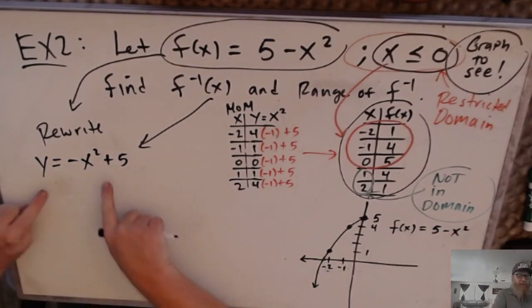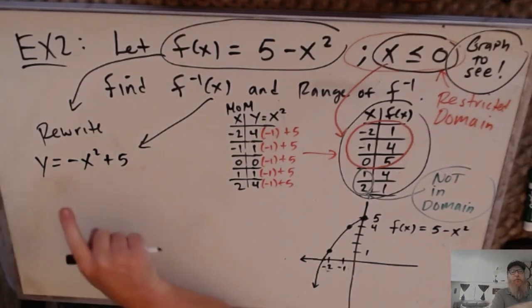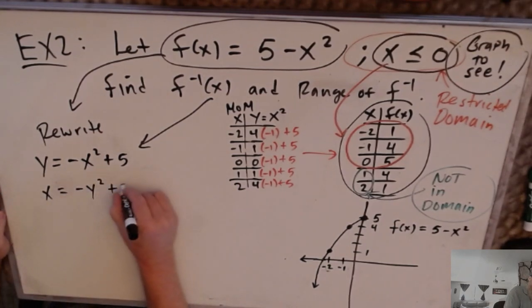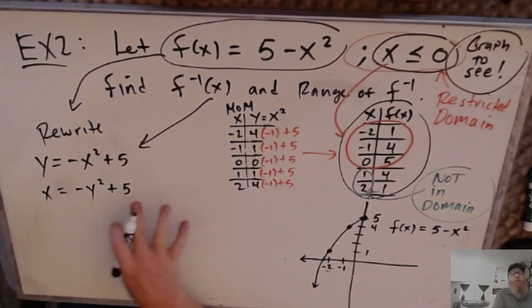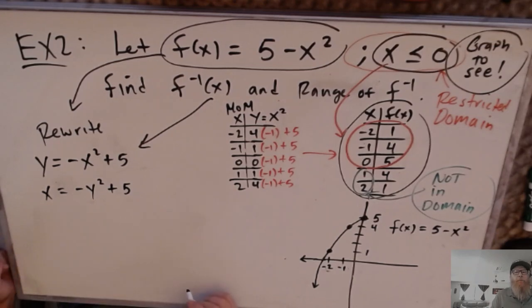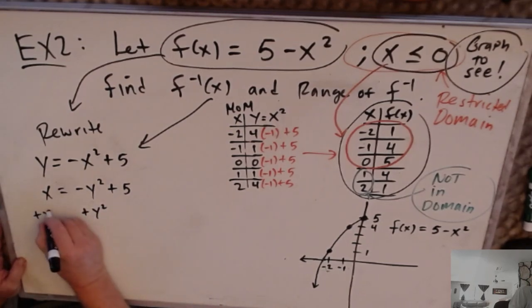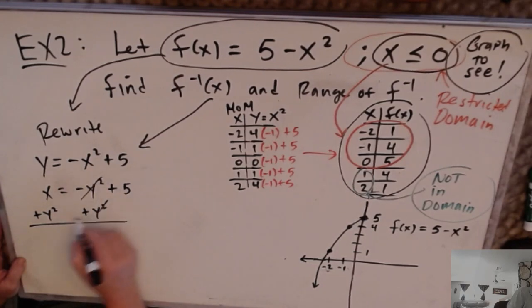Okay, so remember the steps. We did these steps yesterday. So you rewrite it, then you switch the x and the y. Then you solve this for y. Okay, so let's go plus y squared on both sides.